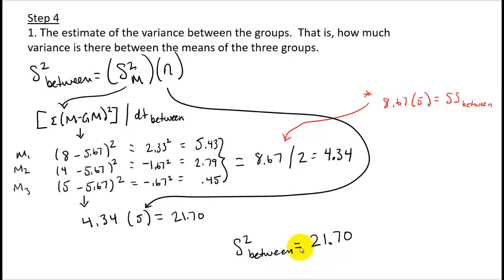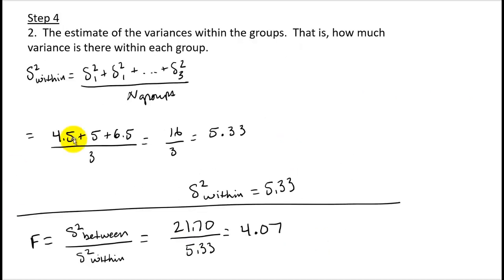So the variance between the groups is 21.70. Now, the next step is to complete the bottom of the ratio. By the way, I carried forward what we just found, our estimated population variance between the groups, 21.70.